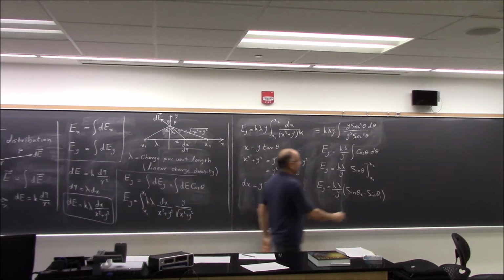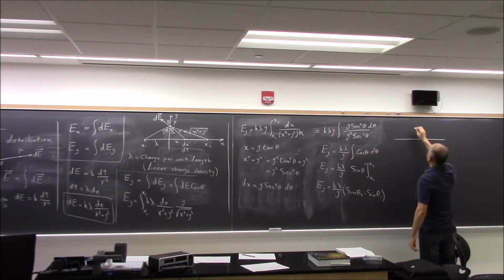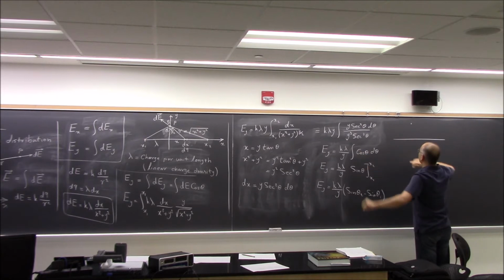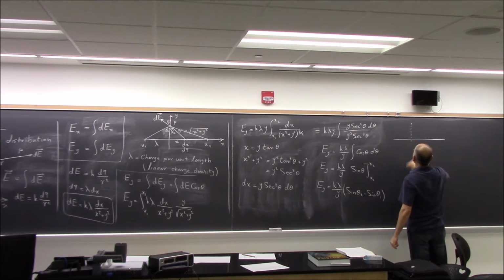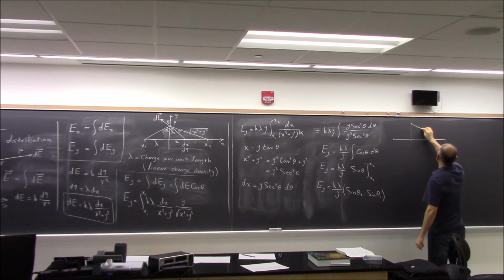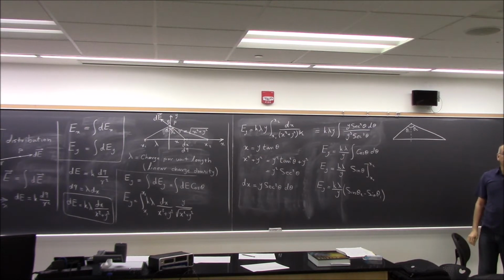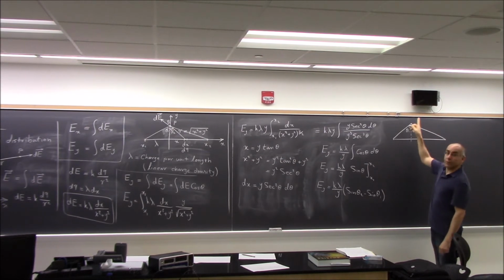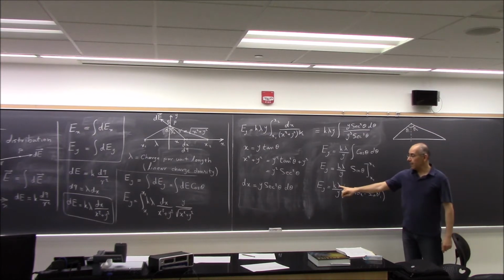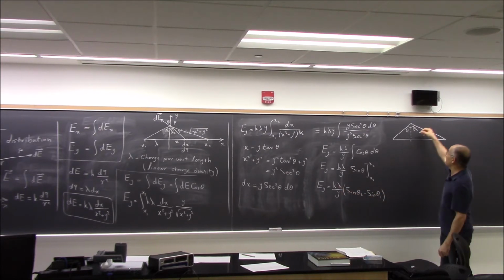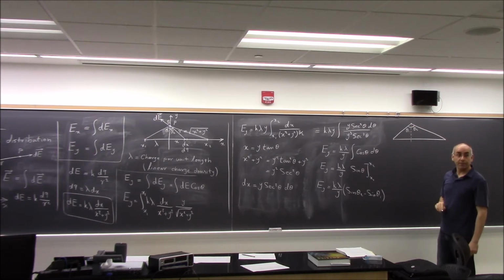If we simplify and take the coordinate system away, make a perpendicular, and this is the extent of the line, from here to here we call theta 2, and this angle is theta 1. So the y component of the electric field is k lambda over y times sine of this angle minus sine of this angle, theta 1.